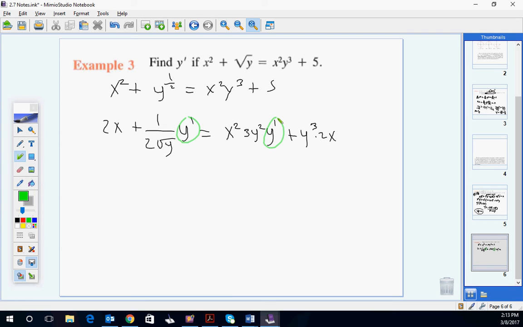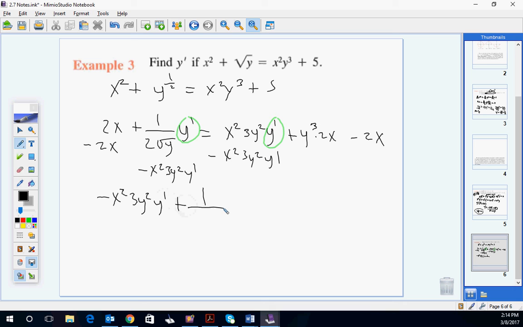Okay? So, just because I don't like moving fractions much, I would probably move him over here and the 2x over here is what I would do. So I'm going to subtract this over here. Subtract this over here. Technically I could put the y prime up here.